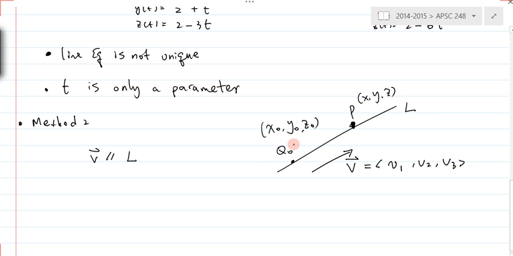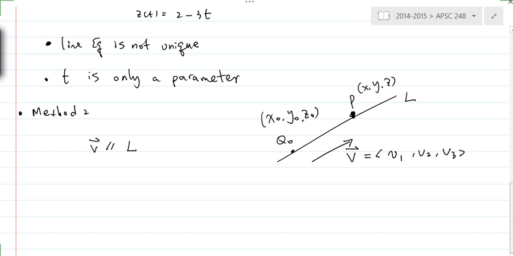In other words, what you're given is a point and a parallel vector to the line. What will be the line equation? Here's a very straightforward solution. Let's construct a vector based on Q naught and P. That can be very easily constructed because it equals the coordinates of P minus Q naught.